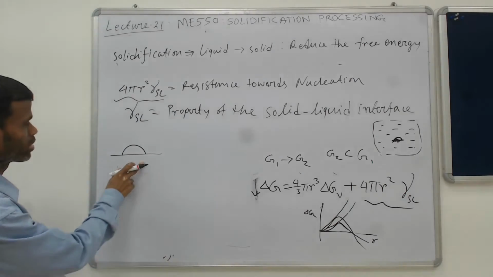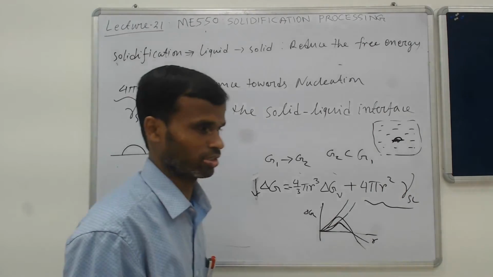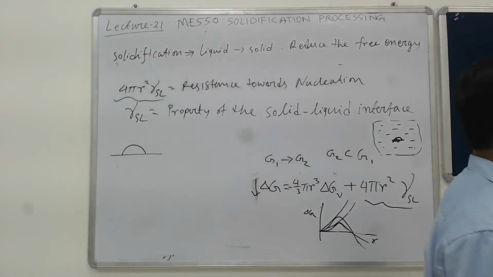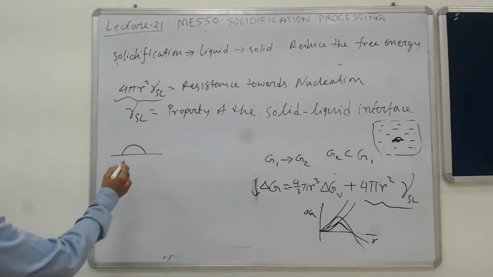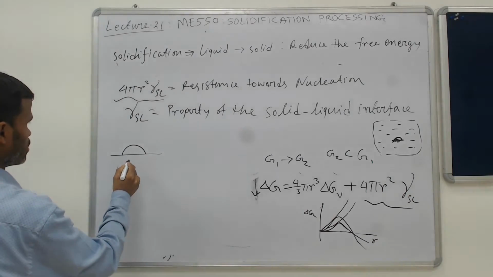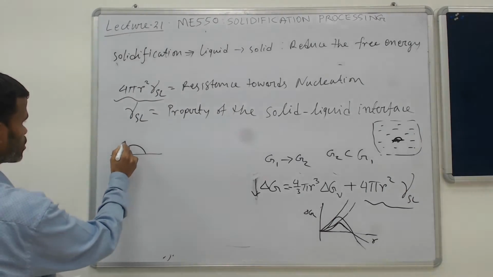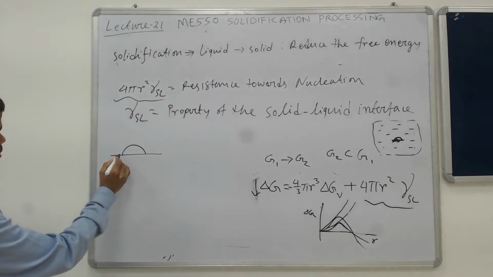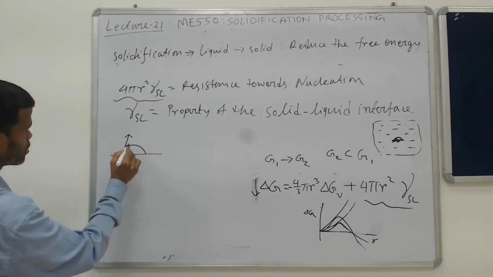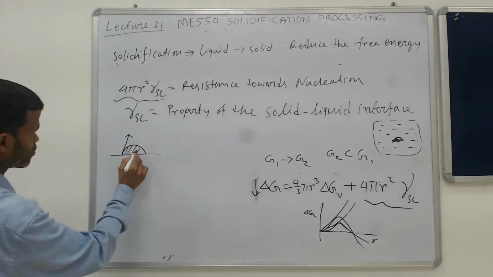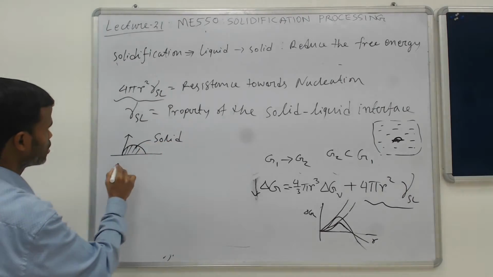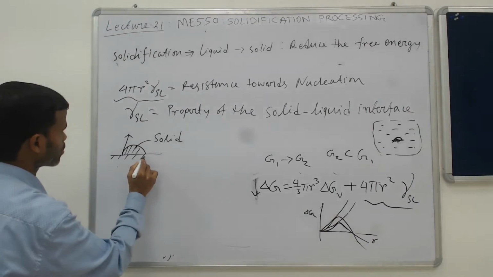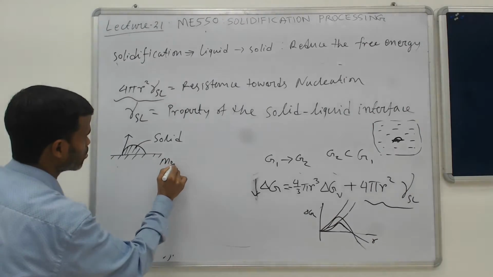This kind of nucleation is called heterogeneous nucleation. So for heterogeneous nucleation, if you draw the energy balance, this is the solid which is being formed, and we consider this solid surface to be the mold.